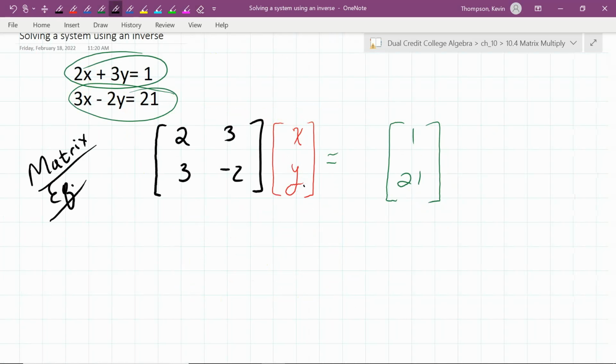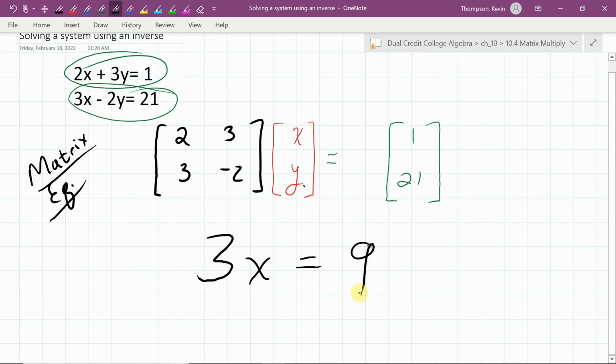Now, we have talked about adding matrices and subtracting matrices and multiplying matrices, and that's it. Like, we actually don't have a definition to divide. But if you look at this, isn't that what we would do? Like if we think algebra, right?